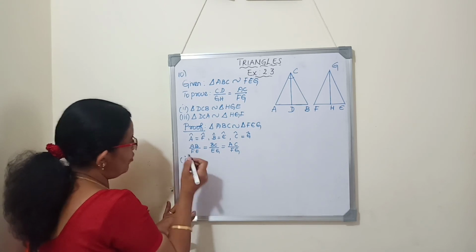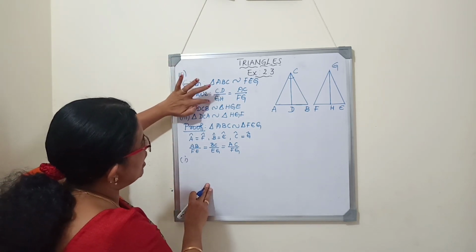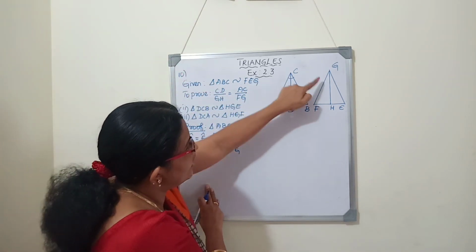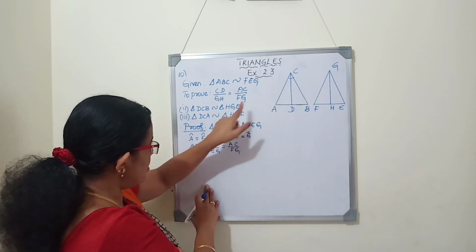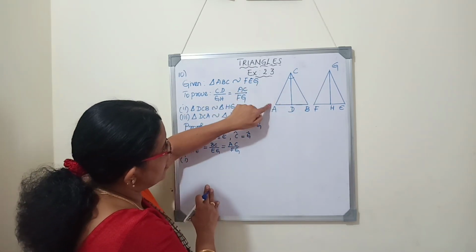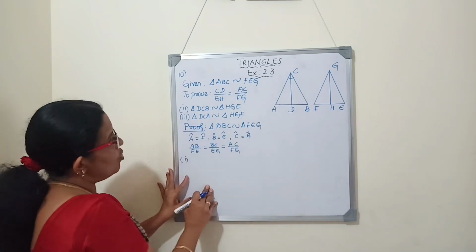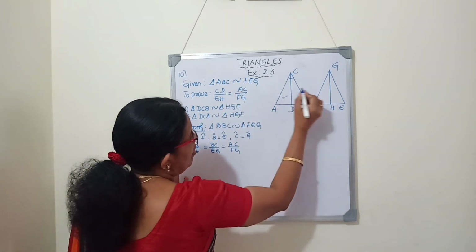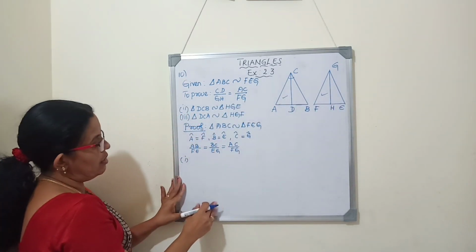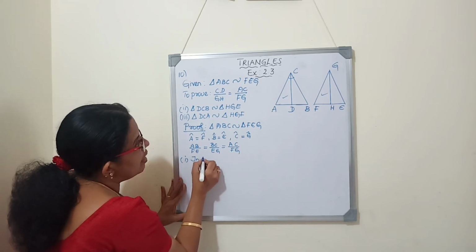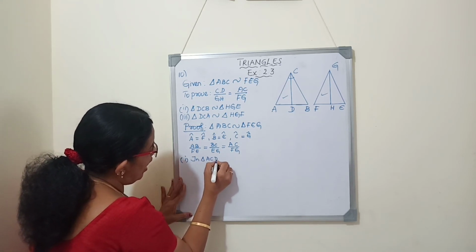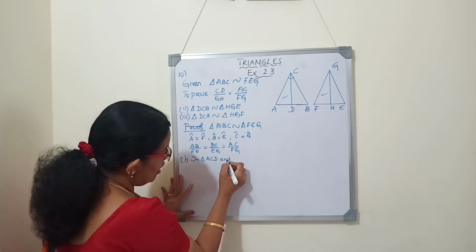Now we will see the first one. To prove that CD by GH, where CD and GH are the bisectors, is equal to AC by FG, we have to consider these two triangles, triangle ACD and triangle FGH.